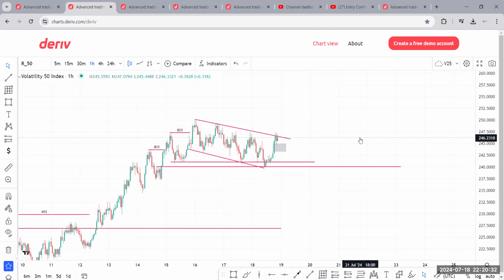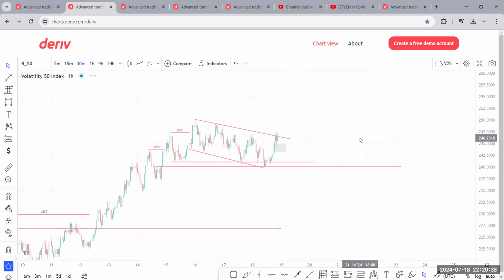All right, so VIX 50 is bound to go up more. So where are we likely to find a setup?